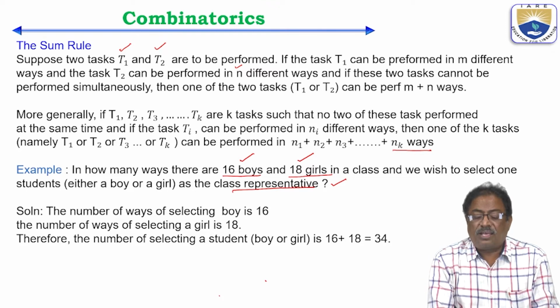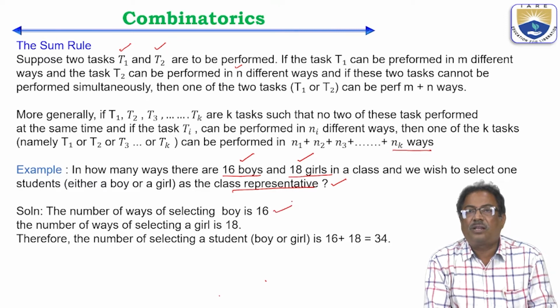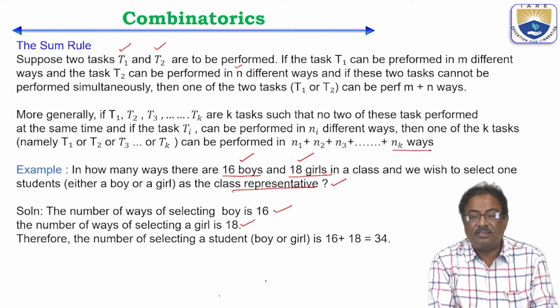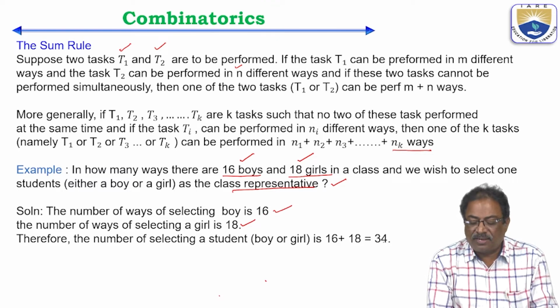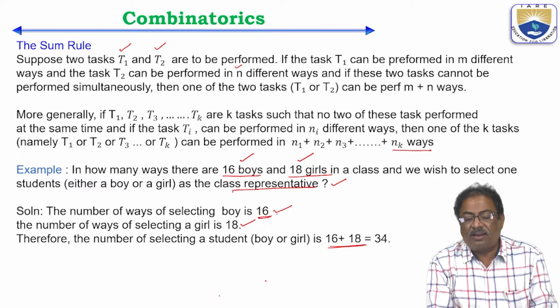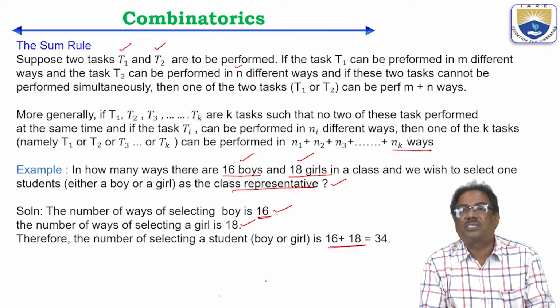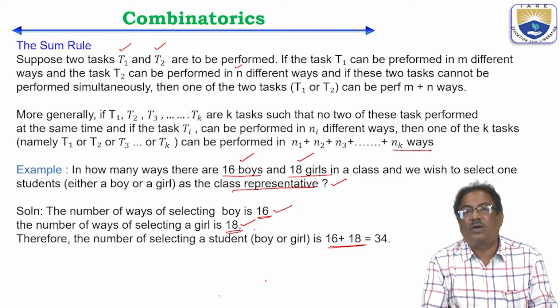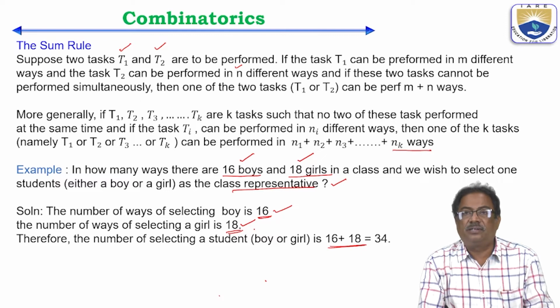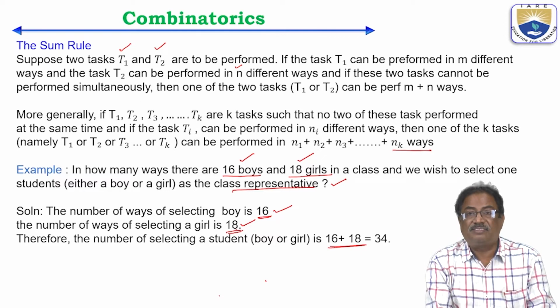Here the total number of boys is 16 and the total number of girls is 18. Since it is either a boy or a girl, we add. There are 16 ways to select a boy and 18 ways to select a girl. So this is m and this is n.